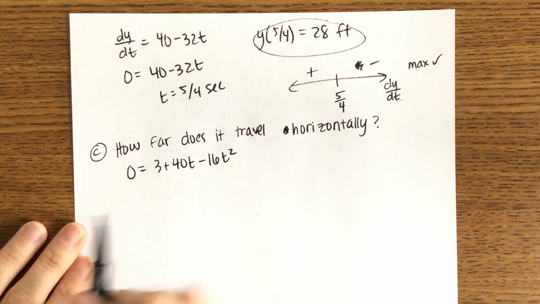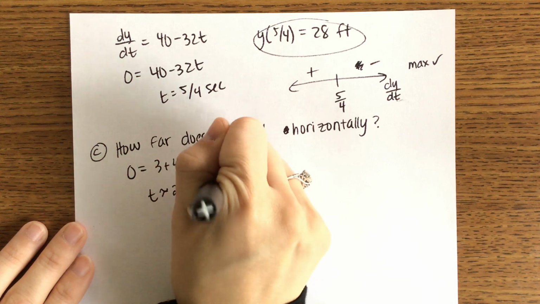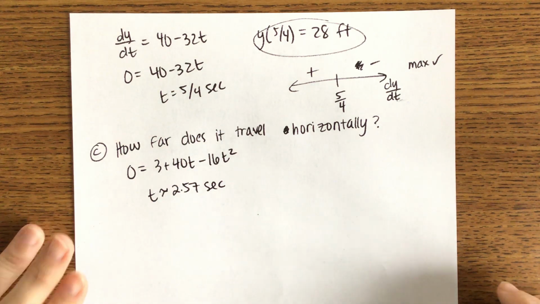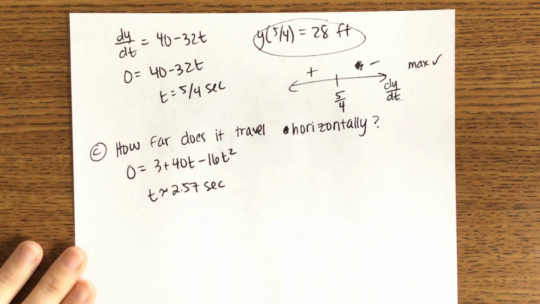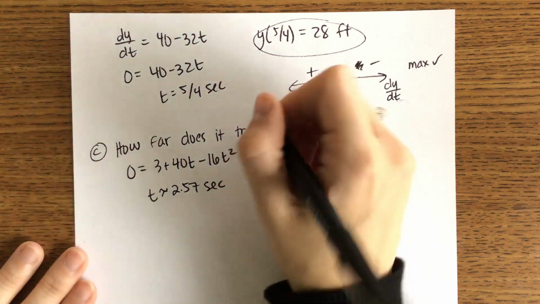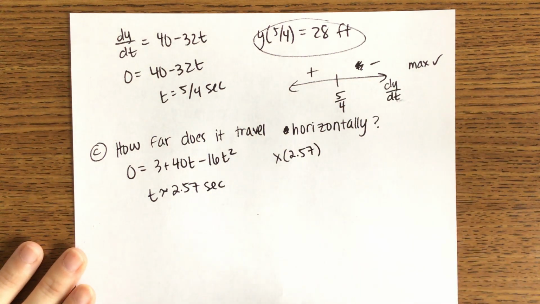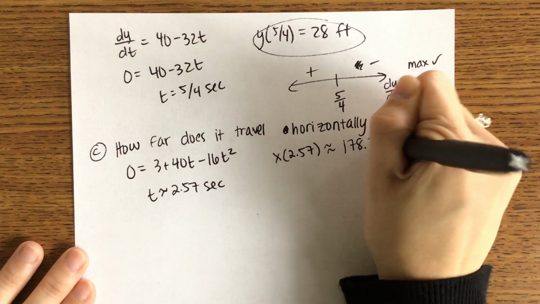Yeah, great. I'll tell you it ends up being 2.57 seconds. Sorry, this is y. So when y is 0, the ball is on the ground. What you want to do then is plug that 2.57 into x, and that tells you the x position when the ball is on the ground. I'll tell you it ends up being about 178.25 feet.